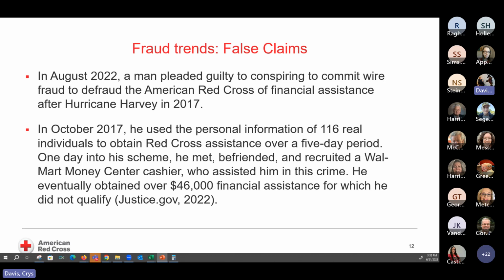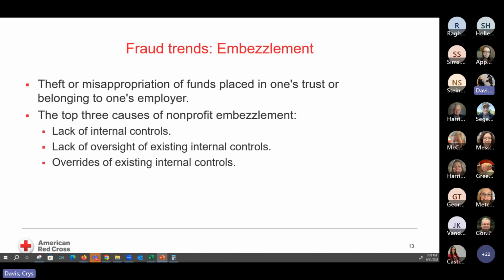Now, embezzlement. And I'm not going to talk about specific cases of embezzlement in the Red Cross because, naming names would be bad. But embezzlement is theft or misappropriation of funds that are placed in your trust or that belong to your employer. So embezzlement is a form of internal fraud.